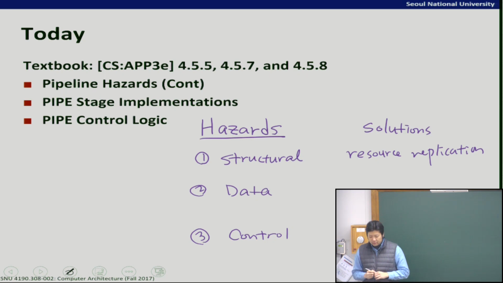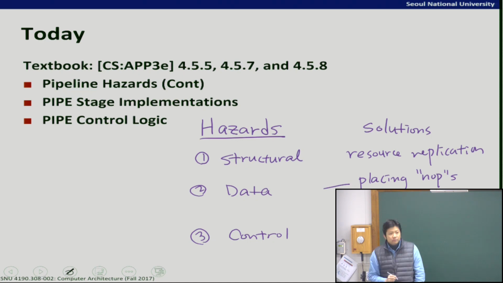And the second hazard is the data hazard, and there are three different ways to resolve it. The first one is placing nops in your program, right? If you have two instructions that have a producer and consumer relationship, we can place a bunch of nops to set them apart.